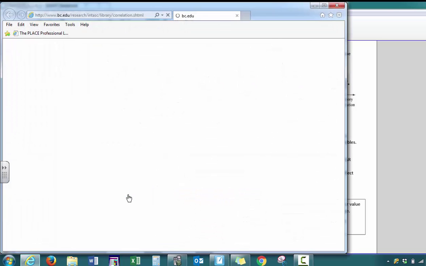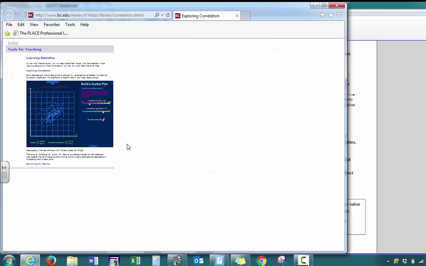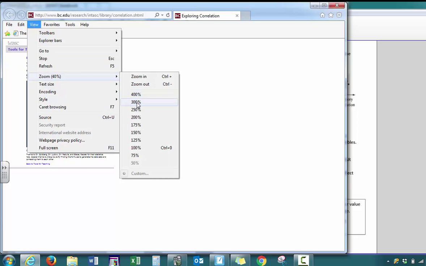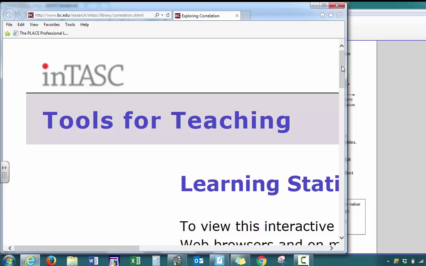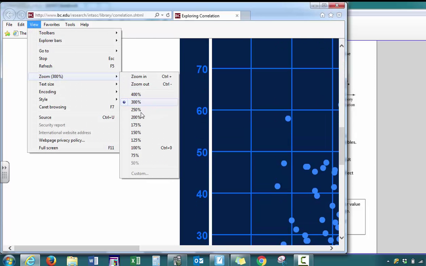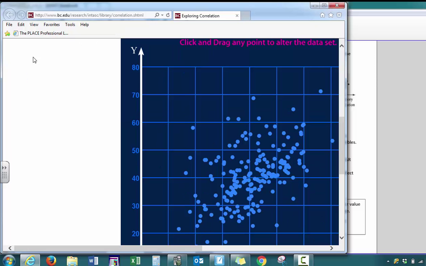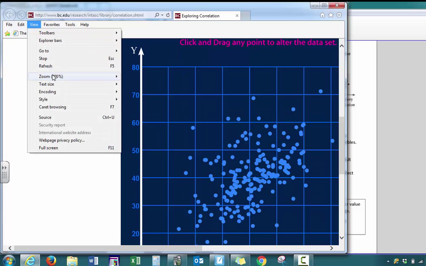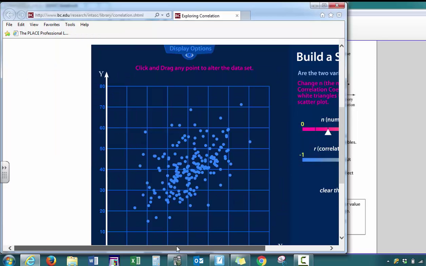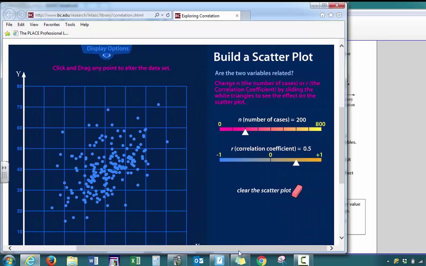Here's a website where you can go and practice and confirm for yourself that when you move just one point, this will dramatically affect your linear correlation coefficient. What you have are scatter plots where your current correlation coefficient is 0.5.